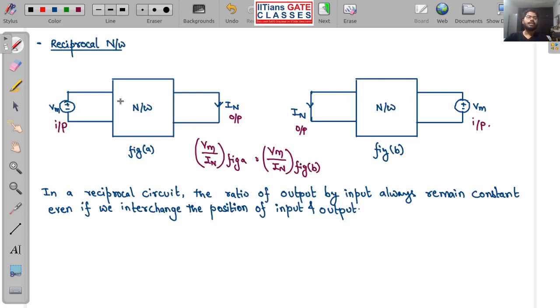So this ratio has to be maintained before and after interchanging. If I interchange the input and output position, and still the ratio remains the same, that means it is my reciprocal network.